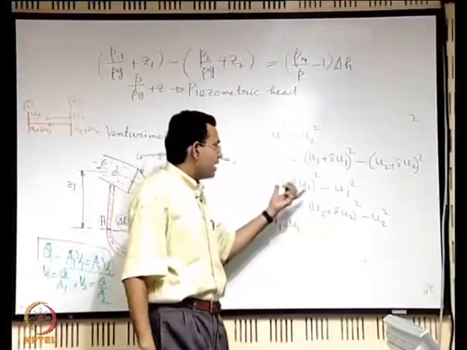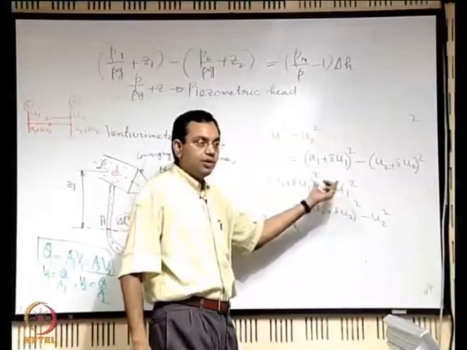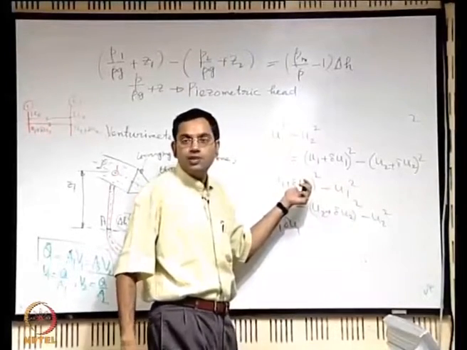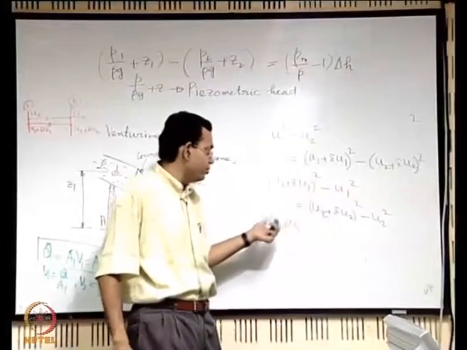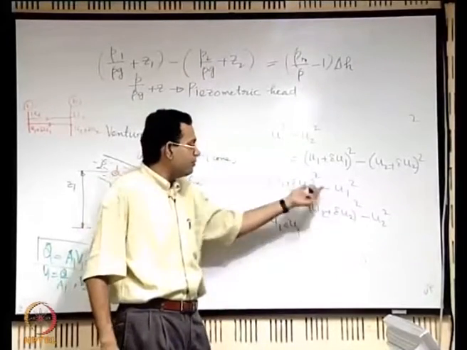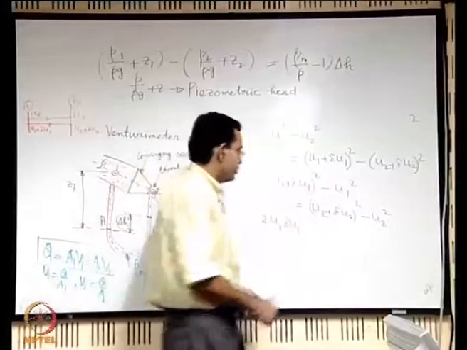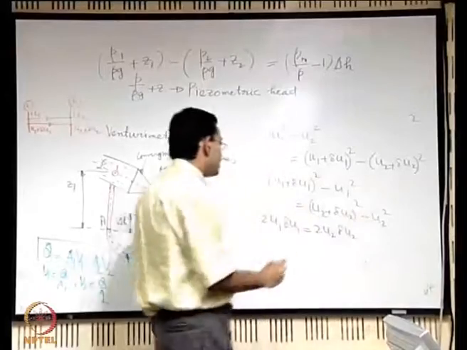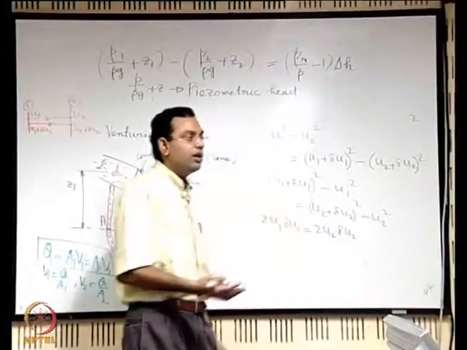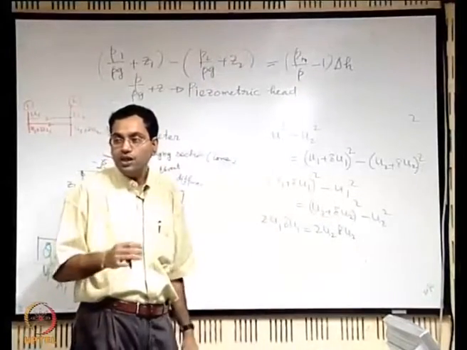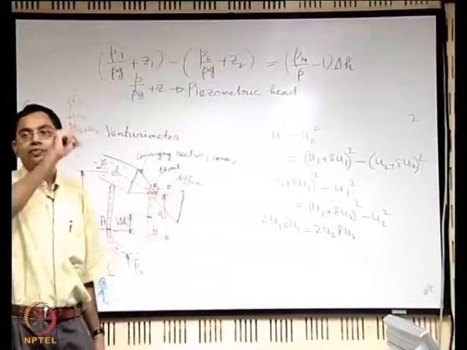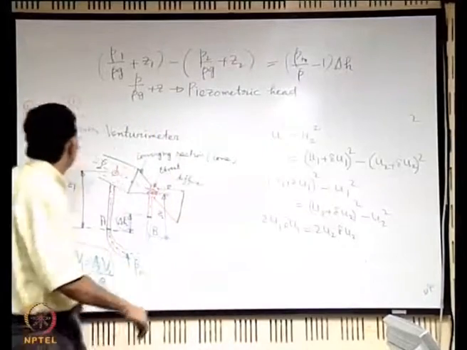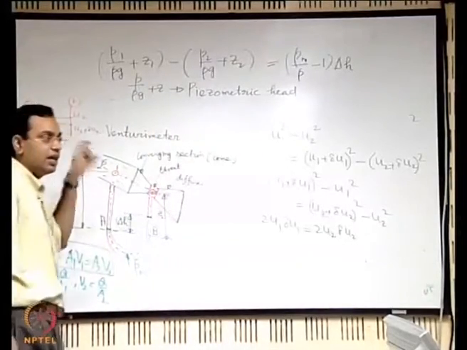When you write this, it is like the a square minus b square formula. When you write a plus b, it is 2u1 plus delta u1. Delta u1 is much smaller as compared to 2u1, so only 2u1, and the difference delta u1 is there. So that is equal to 2u2 delta u2. We are interested in expressing delta u1 by u1 in terms of delta u2 by u2, to see the relative change between the velocities in two adjacent streamlines.